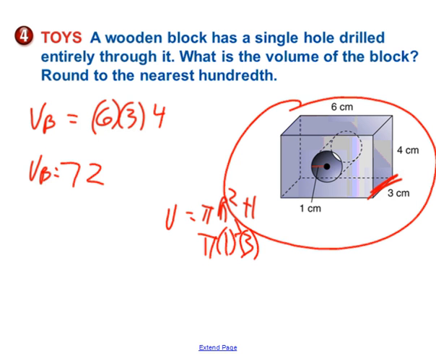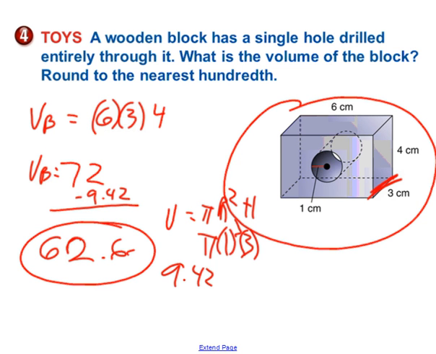So pi times 1 times 1 times 3, so it's pi times 3, and I get 9.42. So I'm going to say 72 minus 9.42. I'm subtracting that because the hole is missing. And I get 62.6 centimeters cubed. 62.6 is the volume of the block with a hole in it.